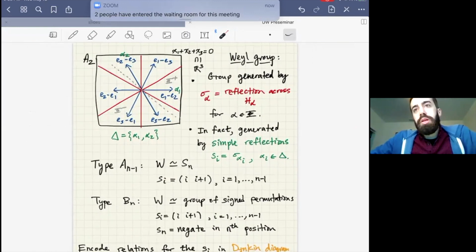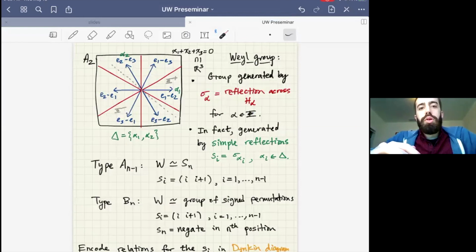What we're going to be interested in through most of the talk is an object associated with the root system called the Weyl group. We know that this root system has symmetries about all of these red lines, these reflections across the hyperplanes H alpha. And the Weyl group is just the group generated by these symmetries.